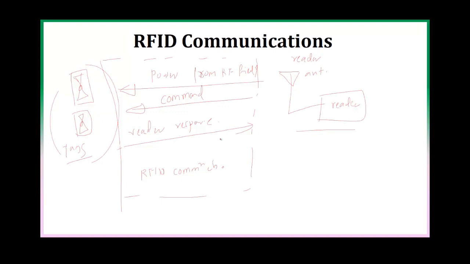Okay, so in general RFID communication, how does it happen? The host manages the reader, and it issues a command. The reader and tag communicate via an RF signal. The carrier signal is generated by the reader and sent out through the antenna, and it will hit your tag.